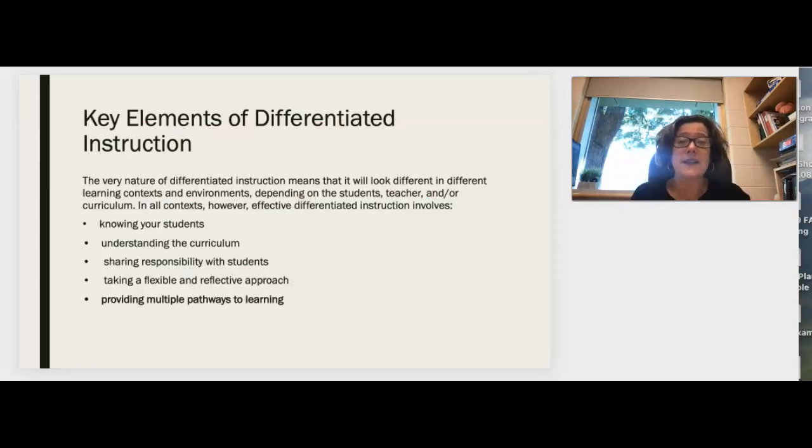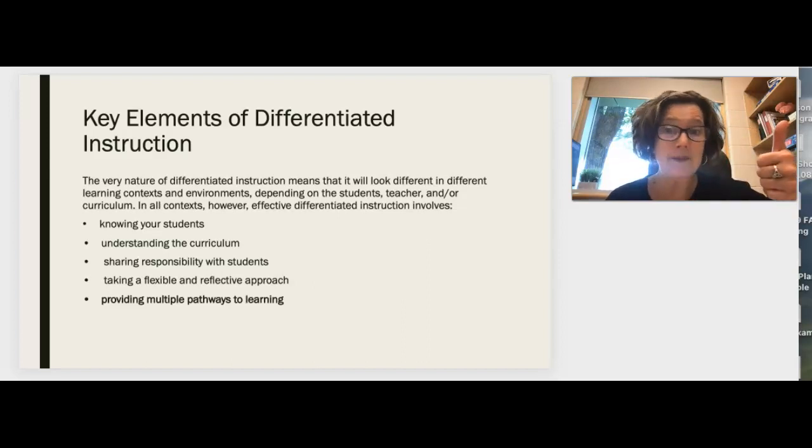But let's look at some of the key elements of differentiated instruction so that you don't end up in Brandon's situation. Basically, the very nature of differentiated instruction means that it will look different in different learning contexts and environments depending on the students, teacher, and/or curriculum. In all contexts, however, effective differentiated instruction involves knowing your students, knowing where they're at, understanding the curriculum, and sharing responsibility with the students.